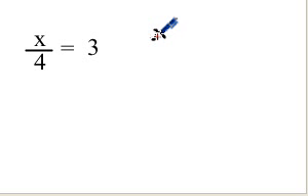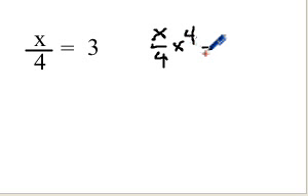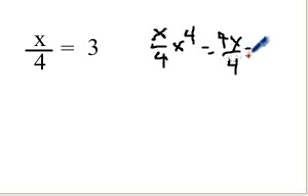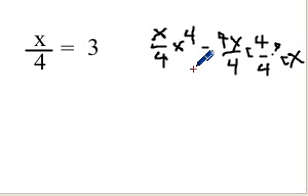If we have x divided by 4, and we multiply that by 4, we end up with 4x divided by 4, which is the same as 4 over 4 times x, which is the same as 1x, which is the same as x. So you can see that by doing the opposite, these actually cancel each other out, and we're just left with x.